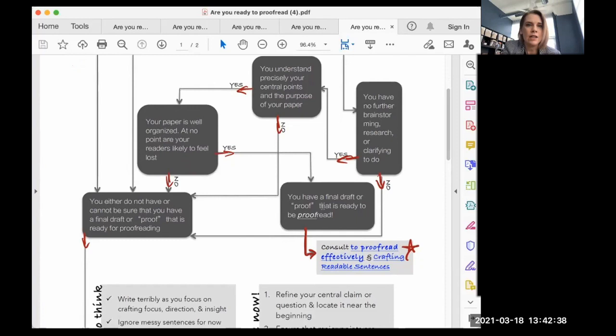In the editing industry, there is a difference between substantive editing, which is editing for content, refining your ideas, clarifying your argument, and making everything flow and be well organized, and proofreading. Proofreading is checking over the final draft that has been finalized for any typos, issues of formatting.